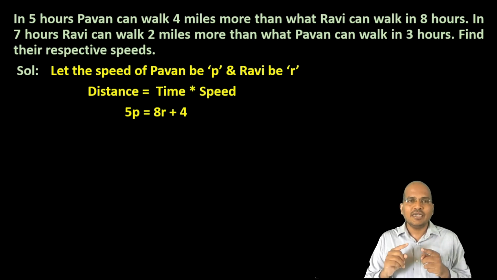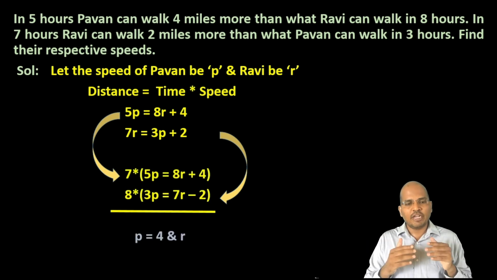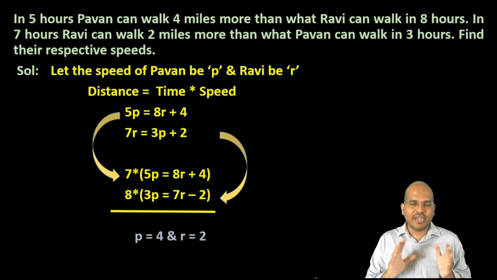So 8r is the distance of Ravi. So 5p is 8r plus 4. Similarly, we get 7r equals 3p plus 2. Now solving them, we multiply equation 1 with 7, equation 2 with 8, and solving for p and r, you get p is 4 and r is 2. So this is how we solve the values of p and r.